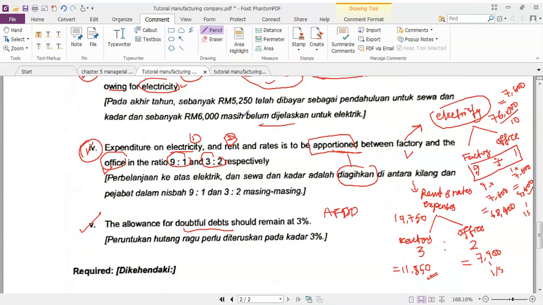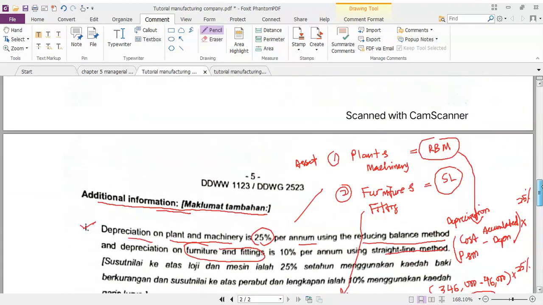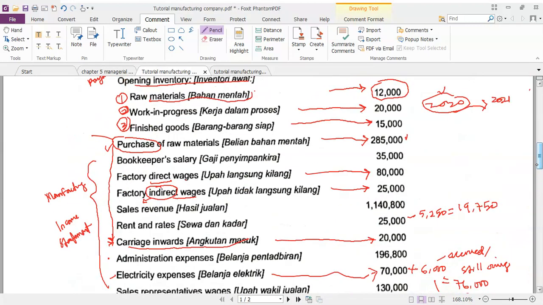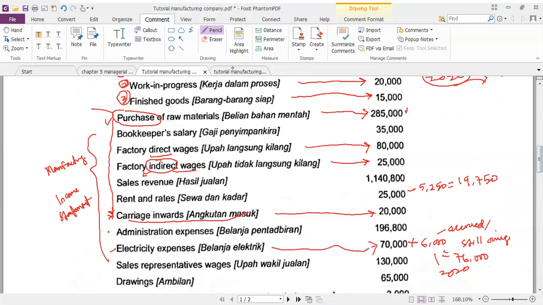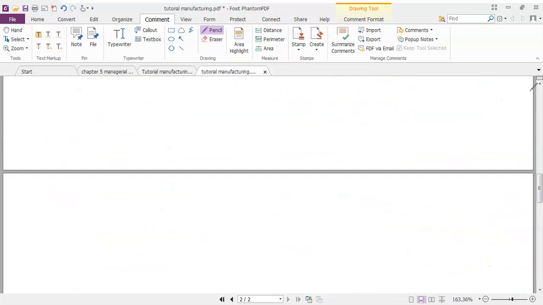Kita tengok dulu. So dekat mana kita nak cari work in process opening? Dekat list of account yang atas tadi, dia ada beritahu opening inventory for work in progress ataupun work in process, sama je lah 20,000. So apa yang you kena buat adalah factory cost tadi campurkan.